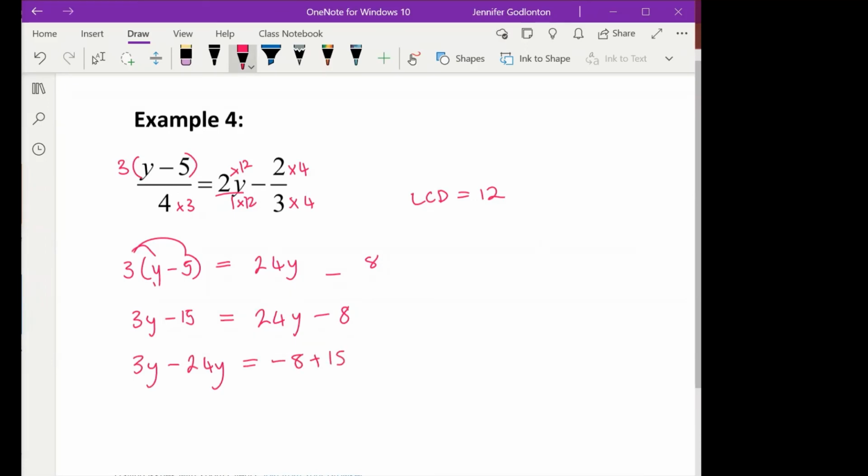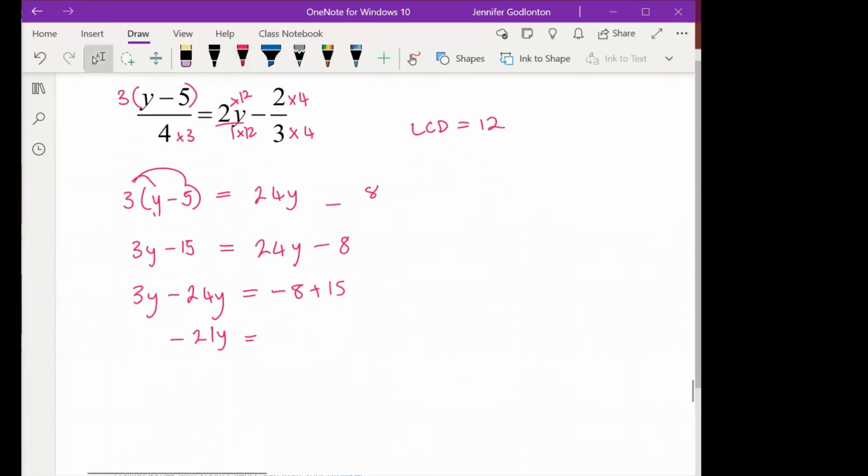Then you say 3y minus 24y, which is equal to negative 21y. Yeah. Then you say this again, negative 8 plus 15 is equal to 23. Oh, so close. Oh no, positive 8 plus 15, sorry, is 23. It's equal to 7. Good.